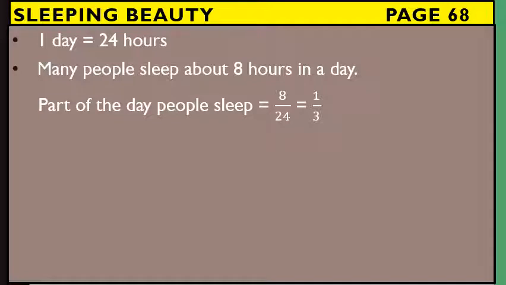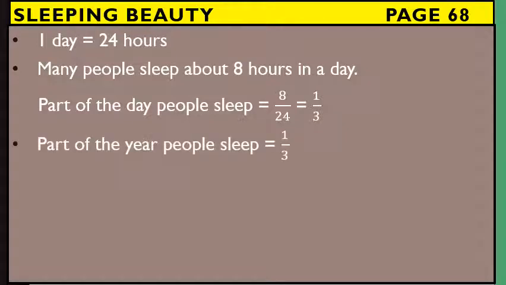If every day people sleep 1/3 of the day, then in the whole year people sleep 1/3 part of the year. Now, a person 60 years old must have slept how much? In 1 year, people sleep 1/3 part of the year, that is 4 months out of 12 months.